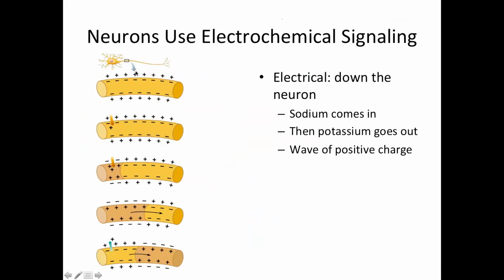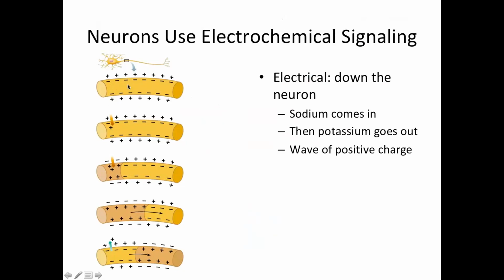There's a difference between what is happening inside the neuron versus what's happening outside the neuron. So normally at rest, the neuron has a bunch of negative charge on the inside, positive charge on the outside. You can think of this like a little battery. If you've ever played with batteries in elementary school and set up those little circuits, the same is true here. We've got that positive end and a negative end.